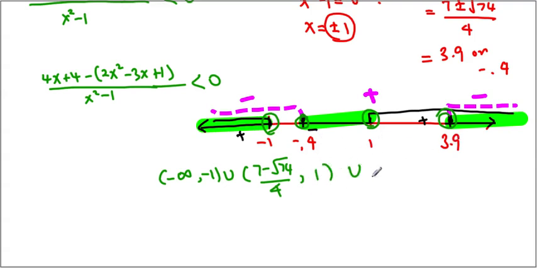Or we have this value, which is 7 plus square root of 74 over 4 to infinity. So 3 intervals become our answer.